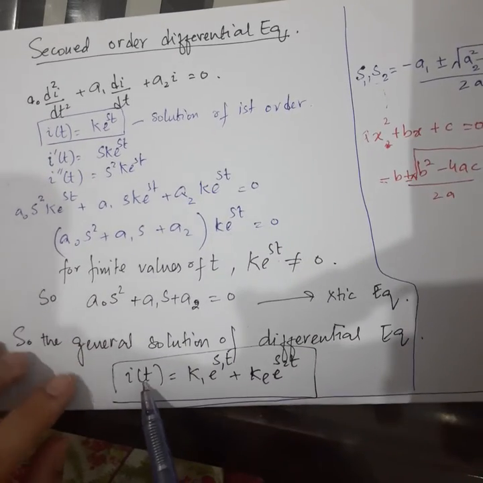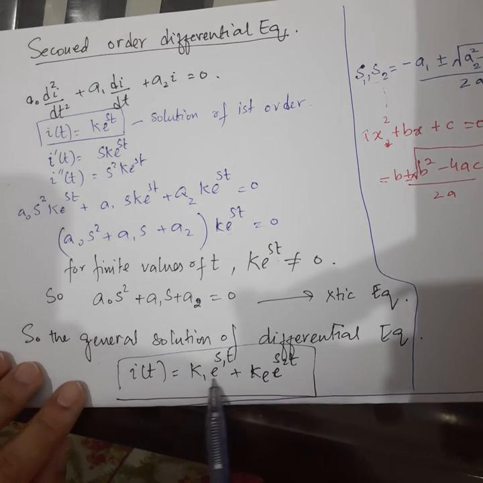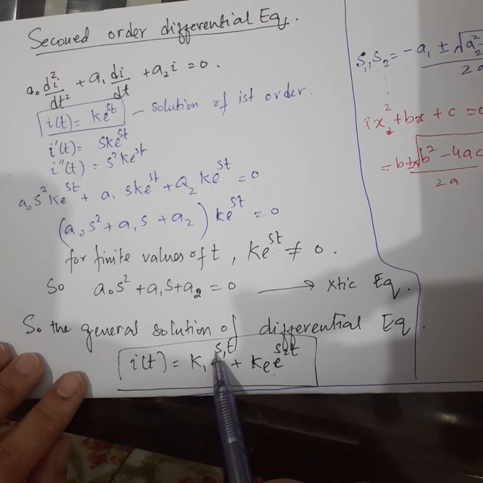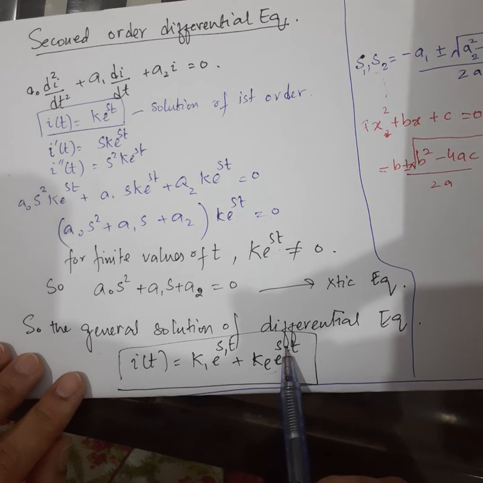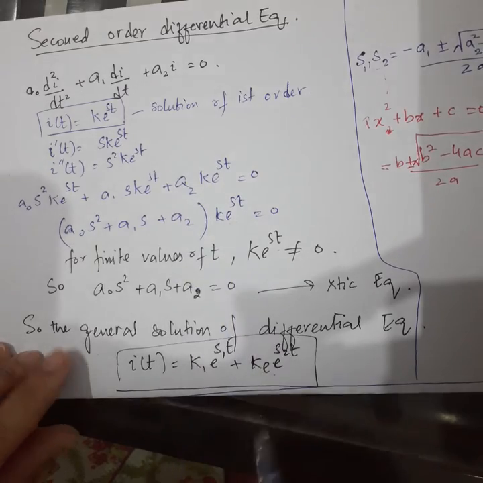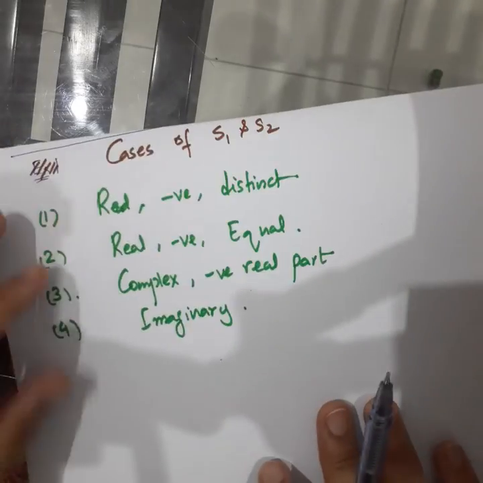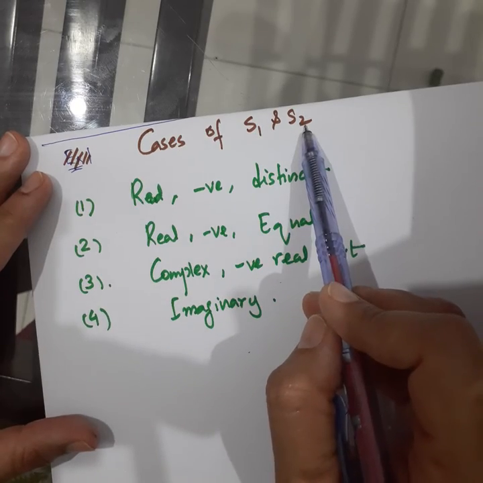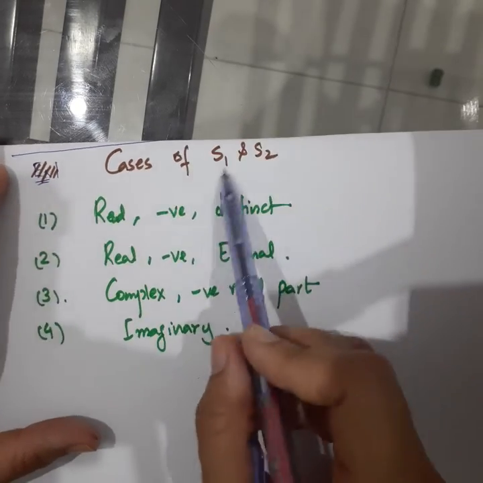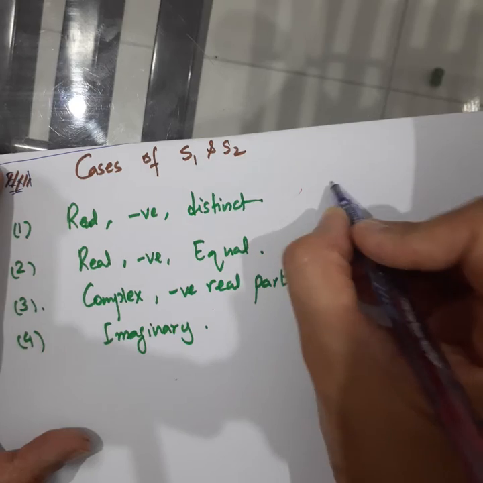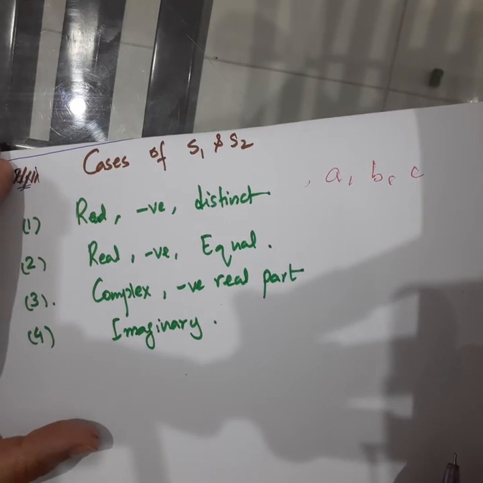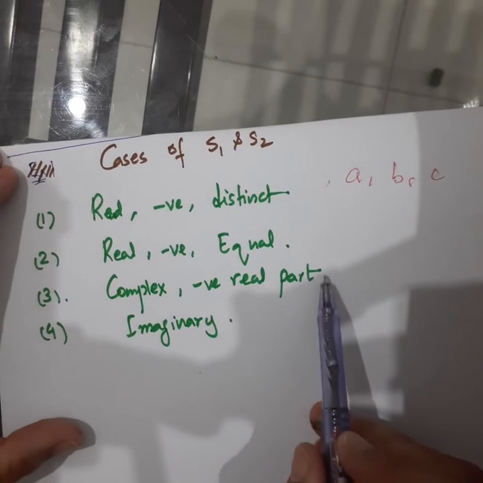So the general solution of a second order differential equation is somewhat like this, where s1 and s2 are the two roots being derived from this equation. The cases of s1 and s2 can have different values depending on the values of these coefficients a, b and c. These are the three coefficients being used in the second order differential equations.